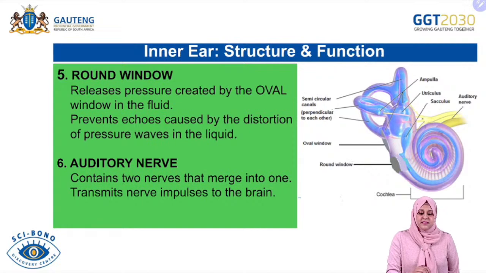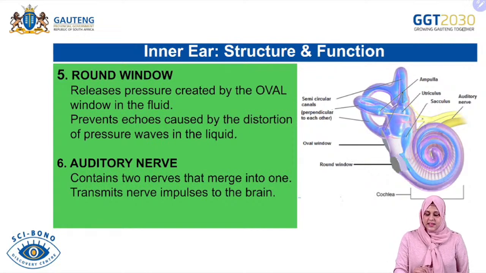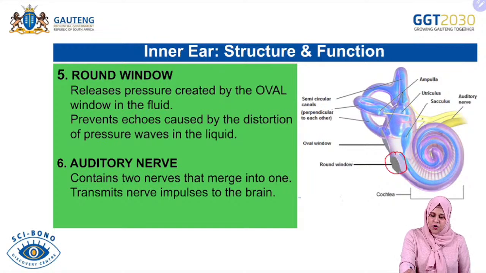Right, we're still looking at the inner ear, and now we're looking at the little structure here below the oval window. So that is the oval window, the small window, and remember that has the footplate of the stapes against it. Now we have a window here called the round window. This is also a membrane, right? The tympanic membrane, the oval window, the round window are membranes.